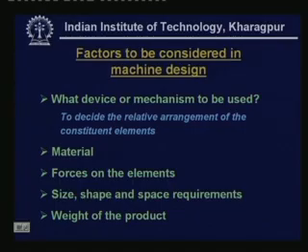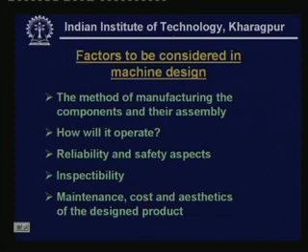What device or mechanism to be used, to decide the relative arrangement of the constituent elements, material, forces on the elements, size, shape and space requirement, weight of the product, the method of manufacturing the components and their assembly, how will it operate, reliability and safety aspects, inspectability, maintenance, cost and aesthetics of the design products.